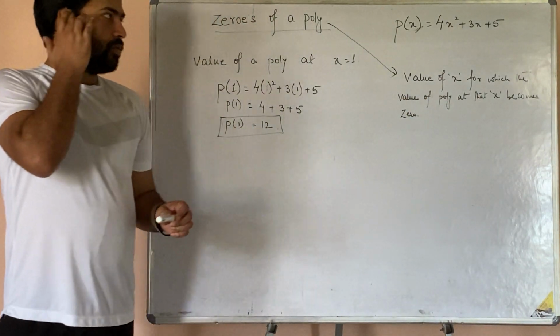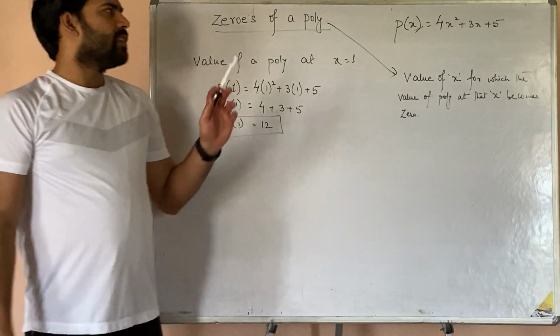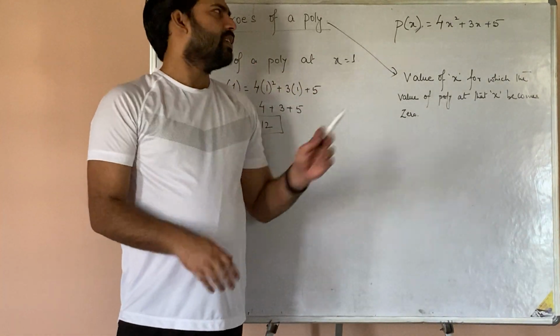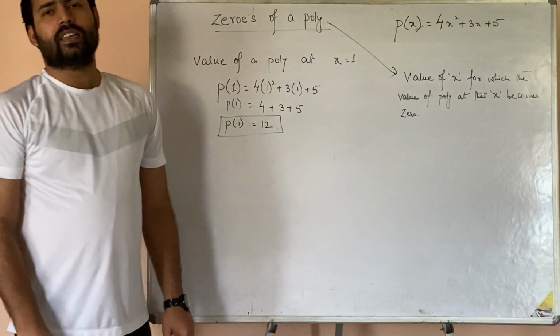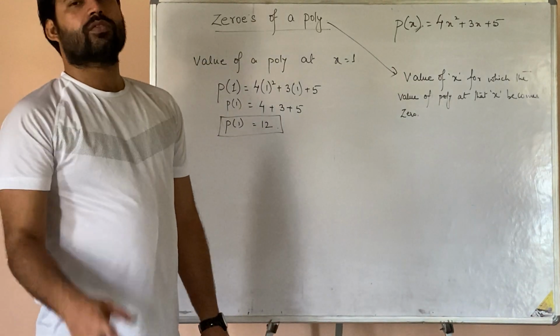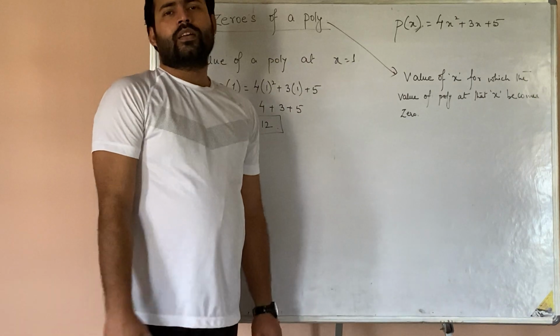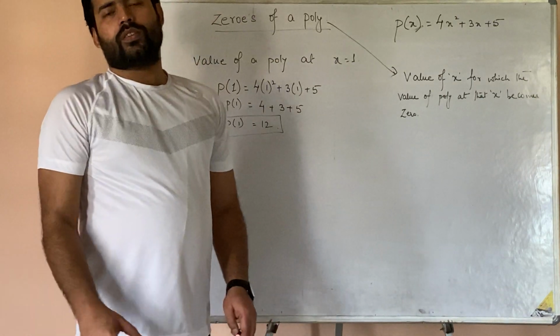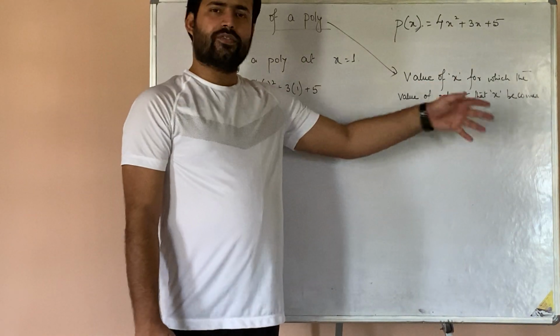Now by default we are considering that the polynomial is defined by p of x. That means the polynomial is defined in terms of x. But it's not specific that every time it would be x only. The variable upon which the whole polynomial is defined may vary from question to question.